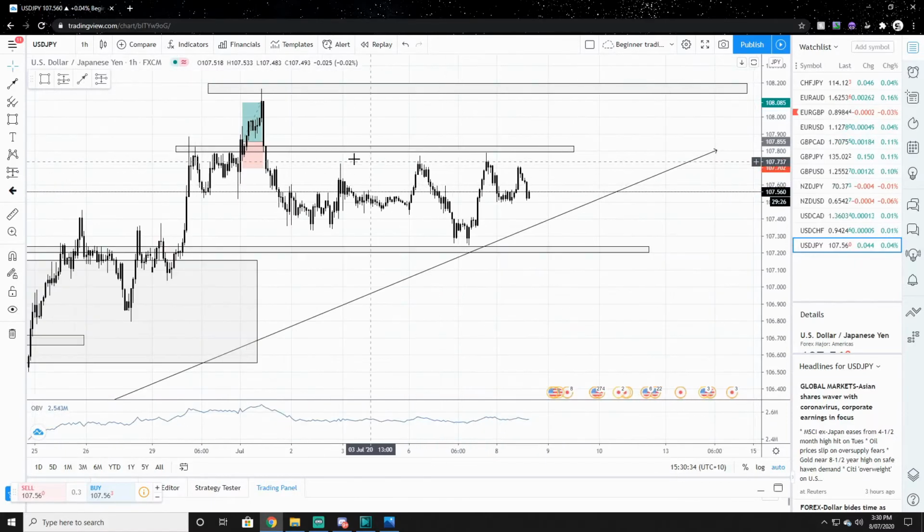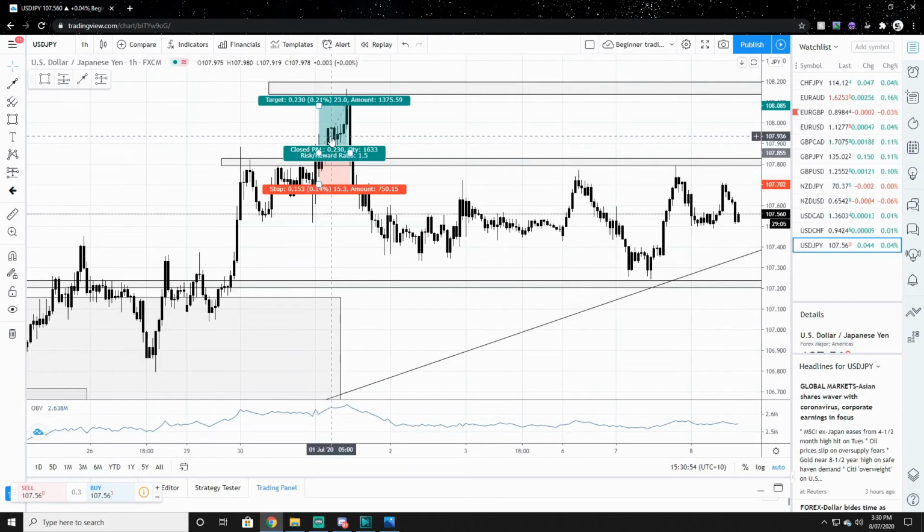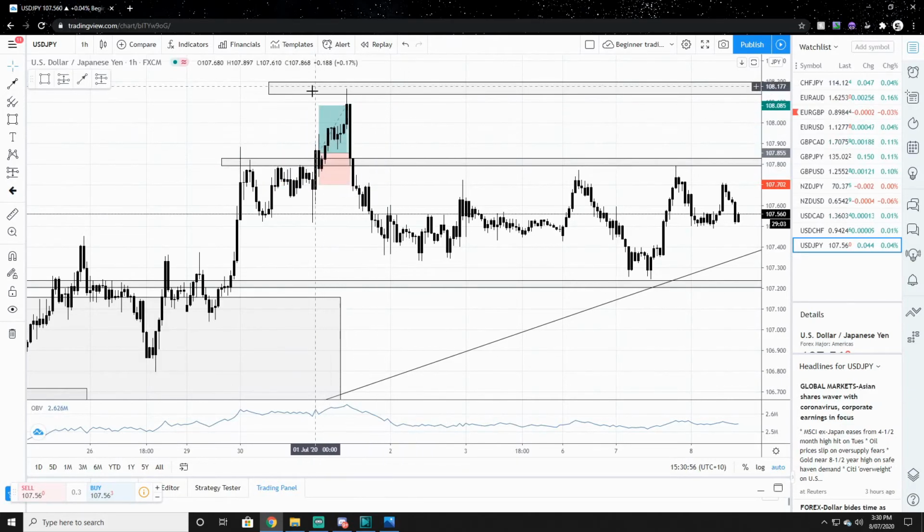I marked it up, and then I waited for it to break, and on this retest here it didn't continue to drop. And so I was like, okay, that looks cool, I'm going to place an entry. And so I entered this trade on a buy, so I was looking for the market to go up, and I just placed a 20 pip gain on this trade here, and I just took it.